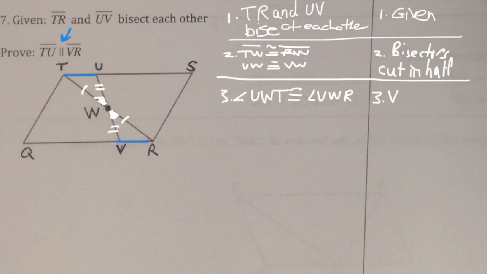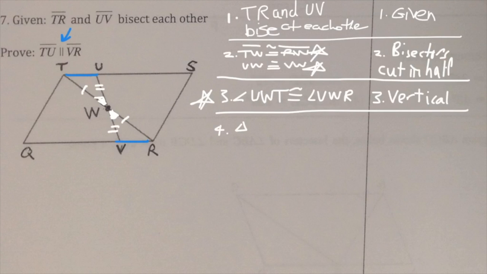That's because vertical angles are equal. All right, now we've got enough information with three matching parts to say that triangle UWT is congruent to triangle VWR, and that would be because of side angle side.